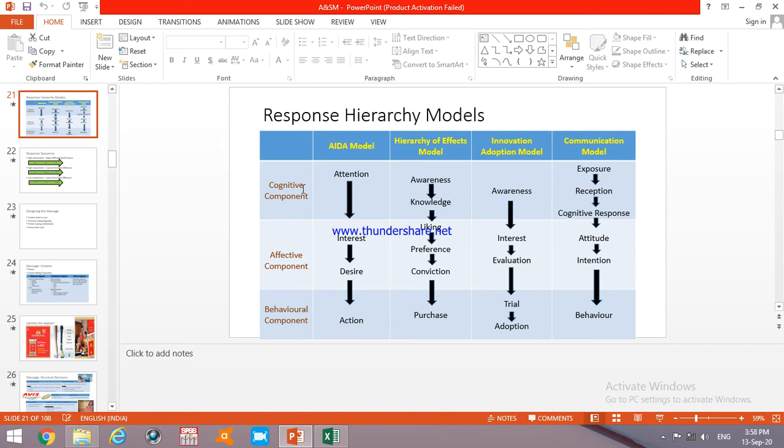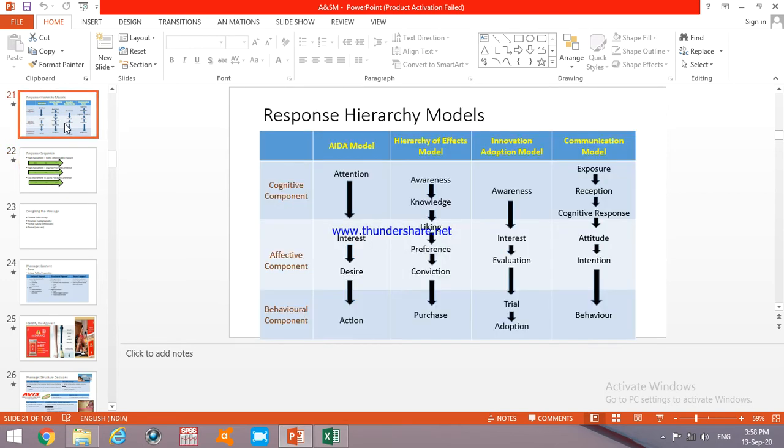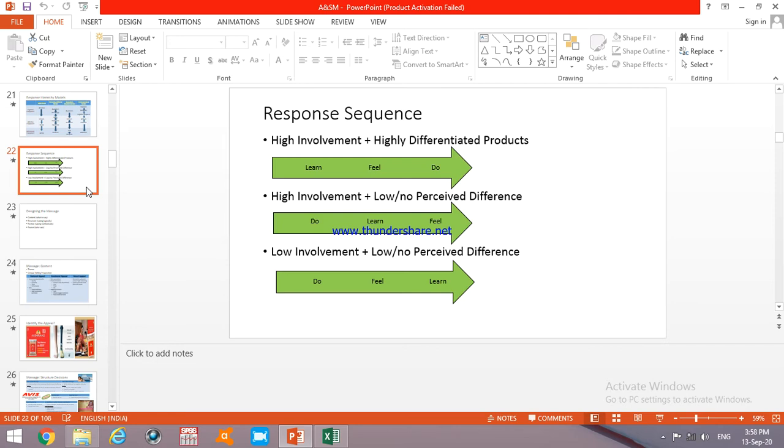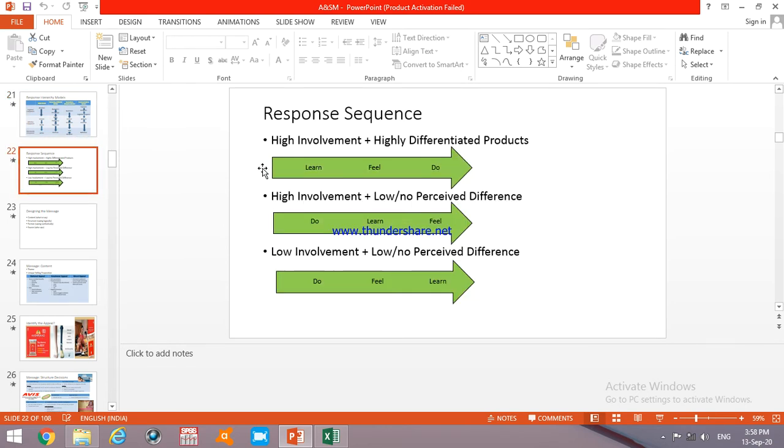If somebody likes our product, that is the affective component, we want that person to also purchase and spread good word of mouth about my product, and that is the behavioral component, right? However, I had also told you in the succeeding slide that this model only applies to high involvement purchases, where you first learn, then you start feeling about it, and then you actually indulge in some kind of action.